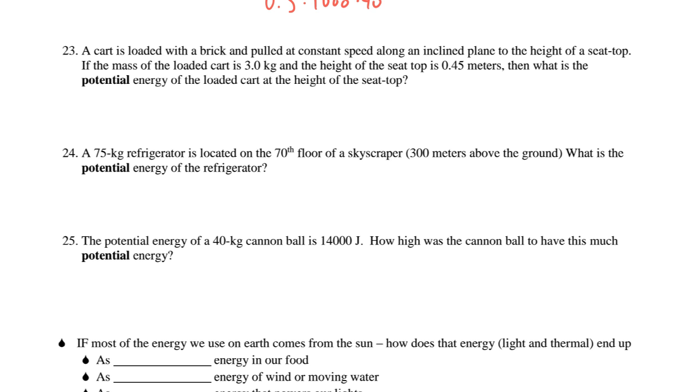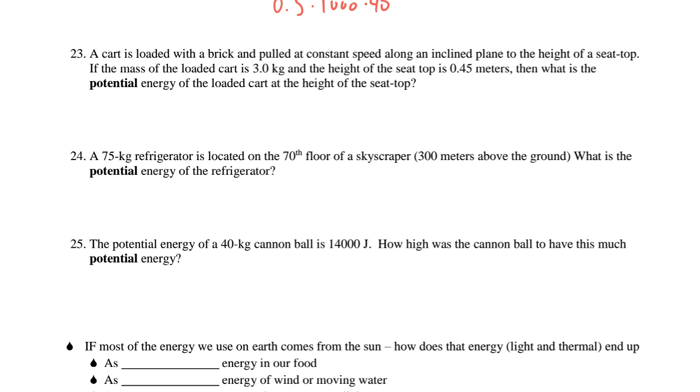So all of that setup, we still just use mgh. Mass is 3, g is 9.8, and the height is 0.45. So it doesn't matter how it got there. Once it gets to that point, its potential energy will always just be calculated by mgh.